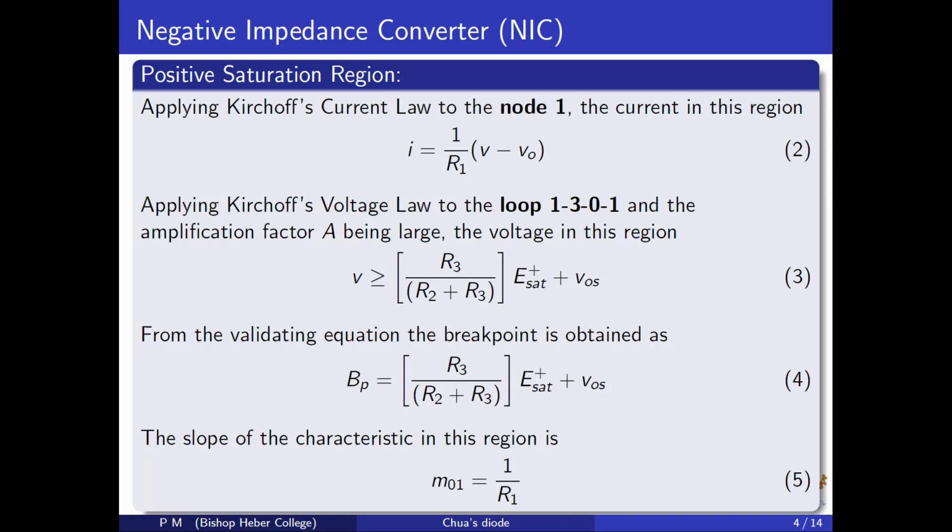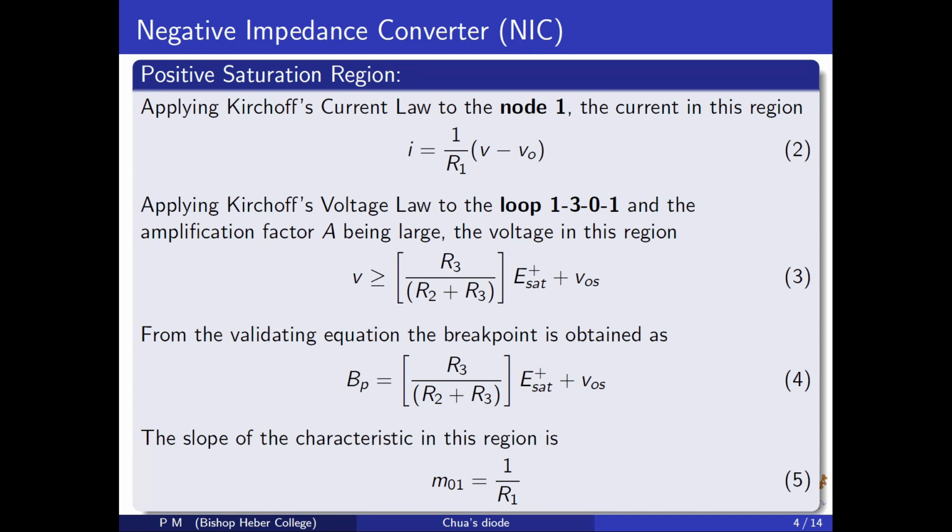By applying Kirchhoff's current law to node 1, the current in this region I is equal to 1 by R into V minus V out. V is the input voltage and V out is the output voltage of the operational amplifier. By applying Kirchhoff's voltage law to the loop 1301 and the amplification factor A being large, the voltage in this region V is greater than or equal to R3 divided by R2 plus R3 into positive E saturation plus V offset.